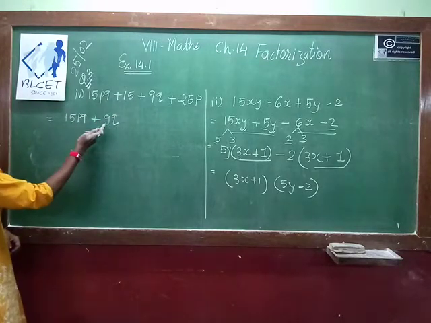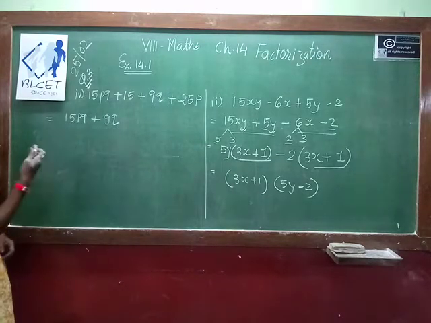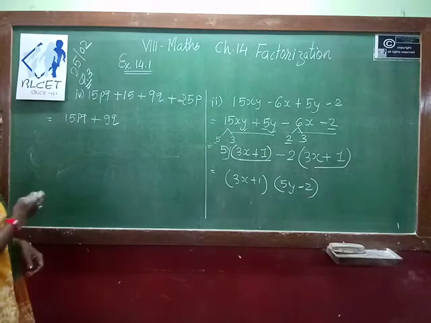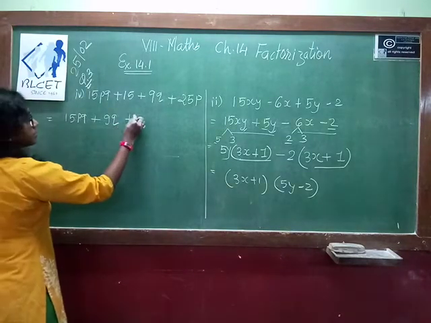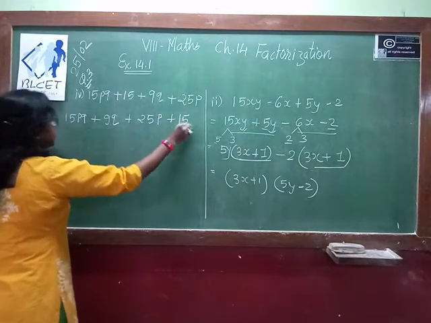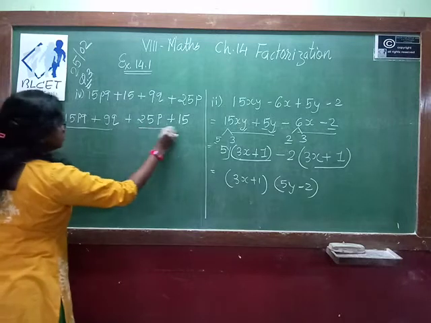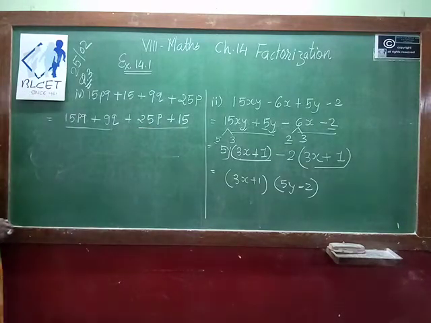Why? Because from 9 we are getting 3 and from 15 also we are getting 3. So something can be taken out as a common. Plus 25P plus 15. So now we have this term as a group and another group is 25P plus 15.